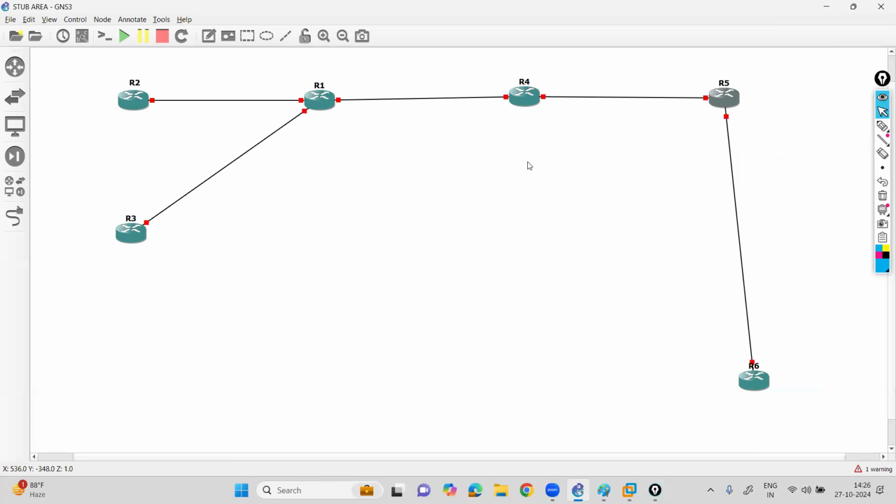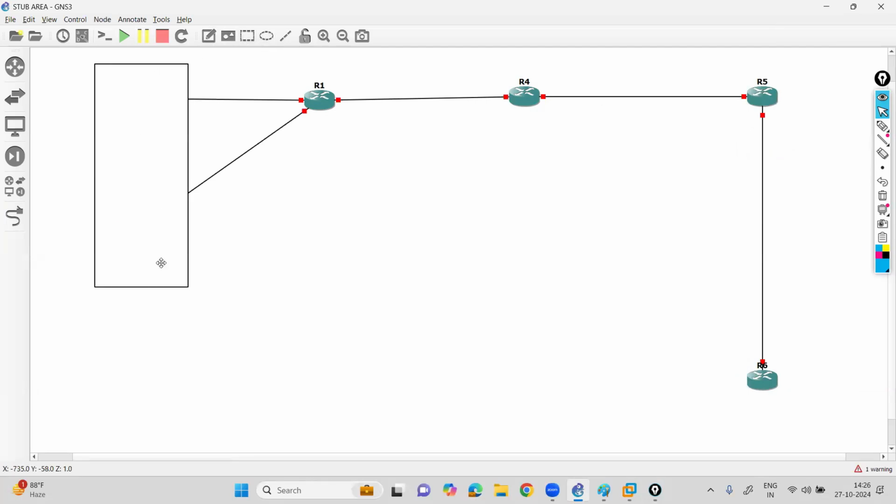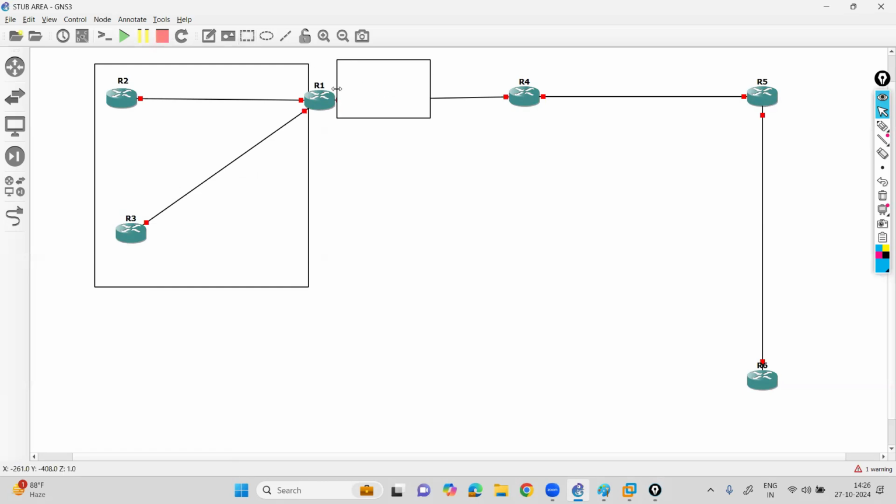And let us assume that on this side we have configured area one. On this side, we have area one. This side, let us assume we have area zero.